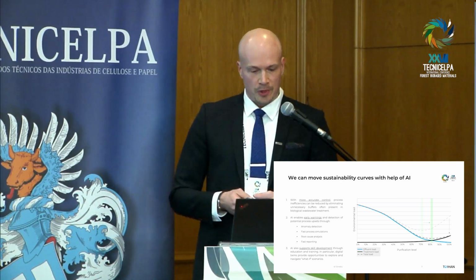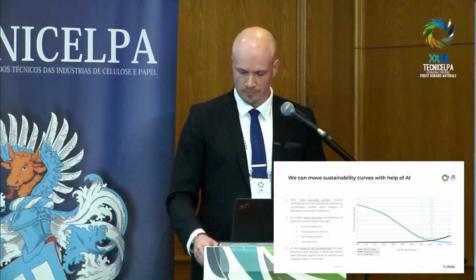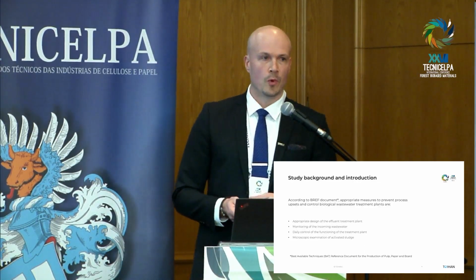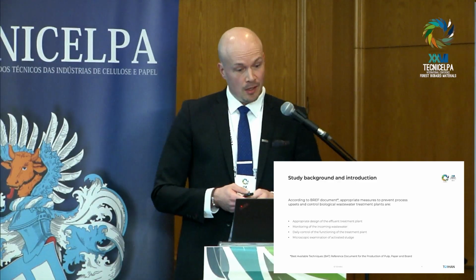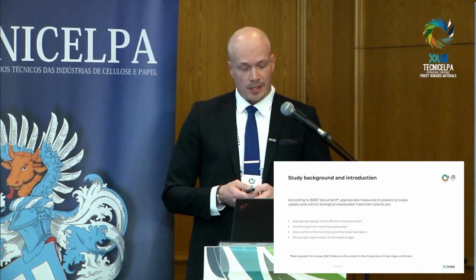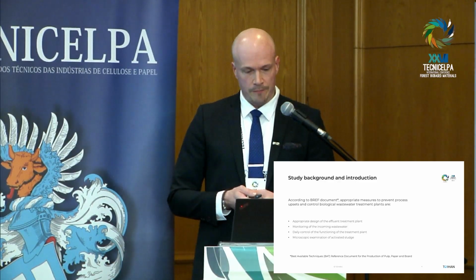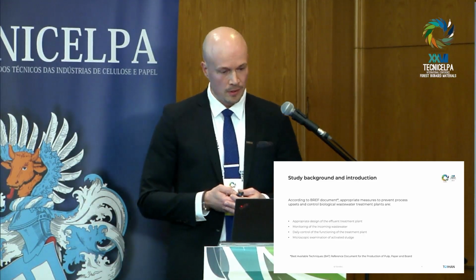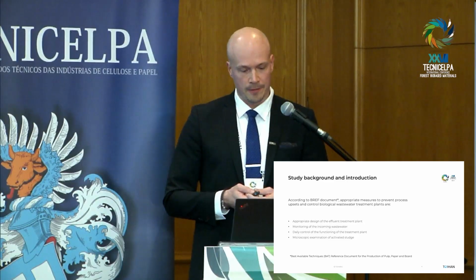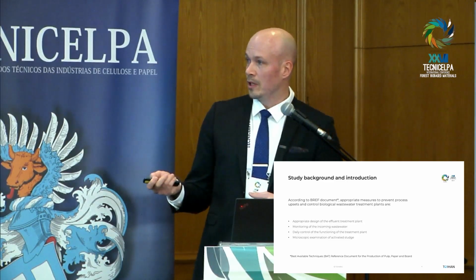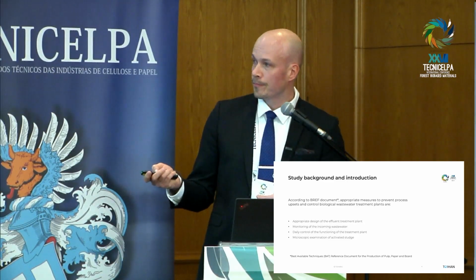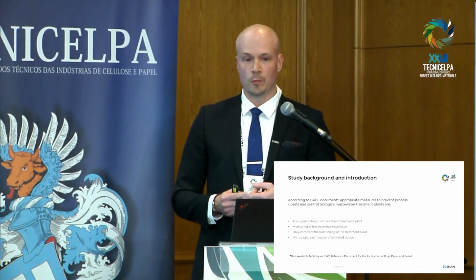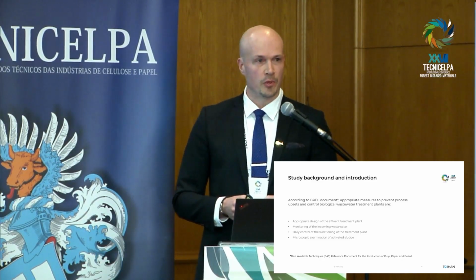And this is pretty much about that, how we use computer vision, and why we want to use it. It's a long story, but if we take a look at the BREF documentation, best available technologies, they have listed that microscopic examination of biosludge is one way to monitor and prevent process upsets.